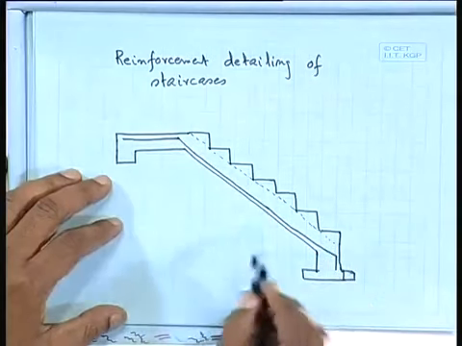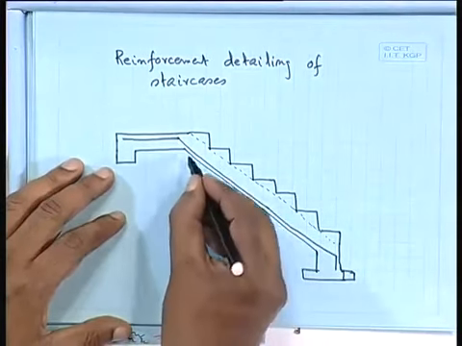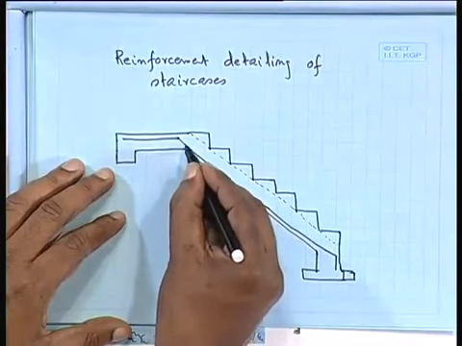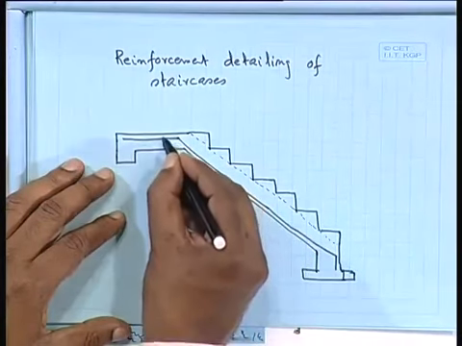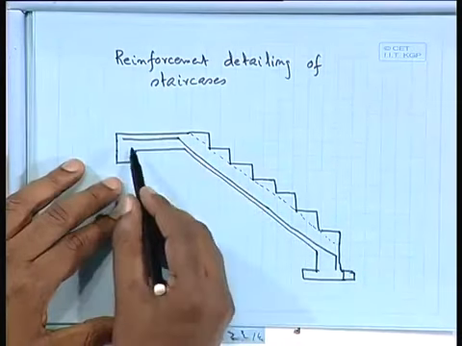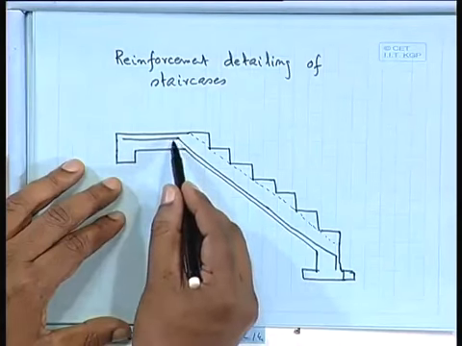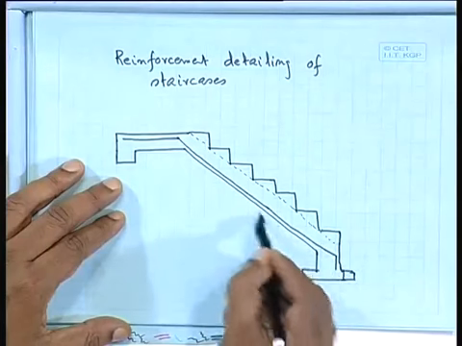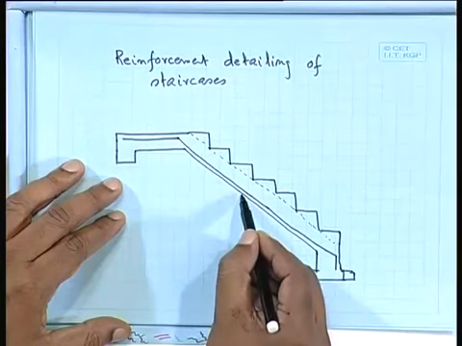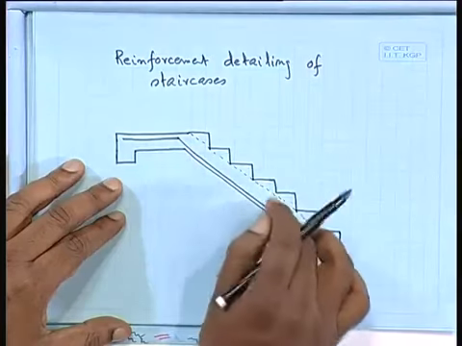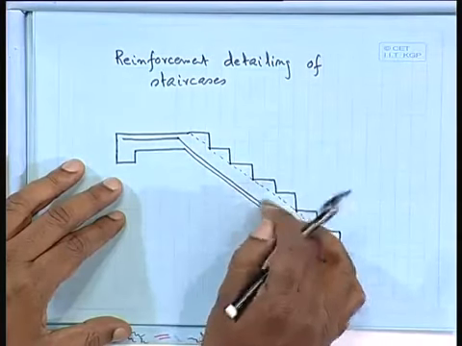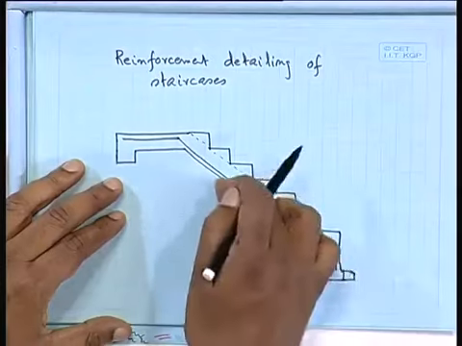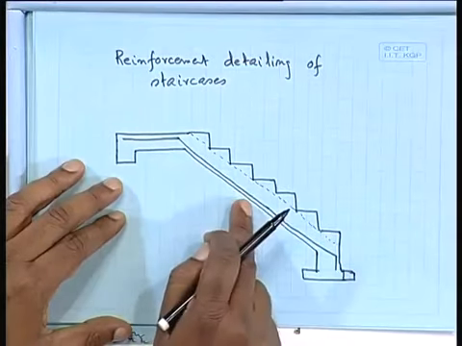Please note the detailing. It's not that we simply make it here and then move on. The reinforcement we are providing here is in the bottom portion, where the tension will be developed due to this type of staircase. It will bend like this. So we have to provide reinforcement at the bottom surface.